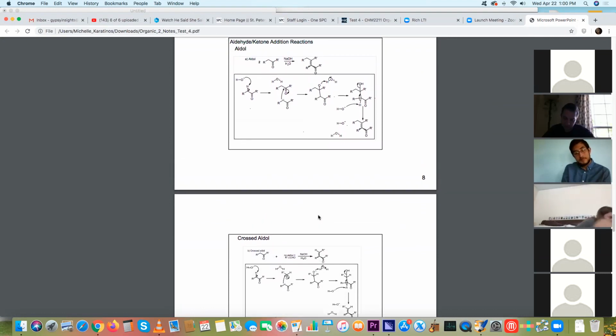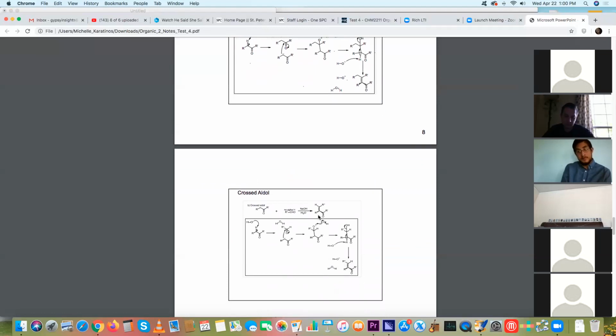All right, so this is the aldol, which involves 2 of the same thing, and those 2 things obviously have alpha hydrogens on them. And then the crossed aldol, you'll see that one has an alpha hydrogen, the other one doesn't. That's going to be the difference between them.